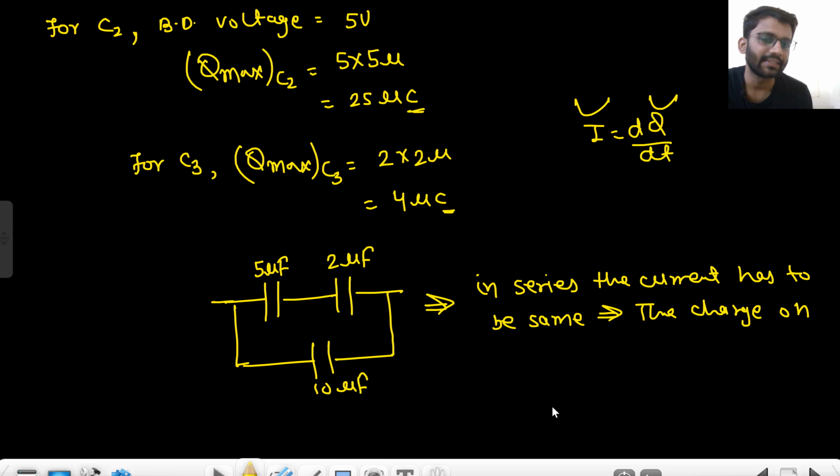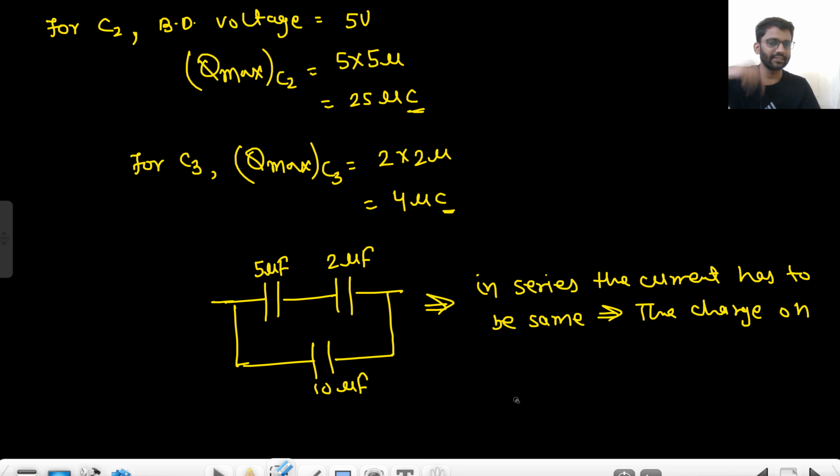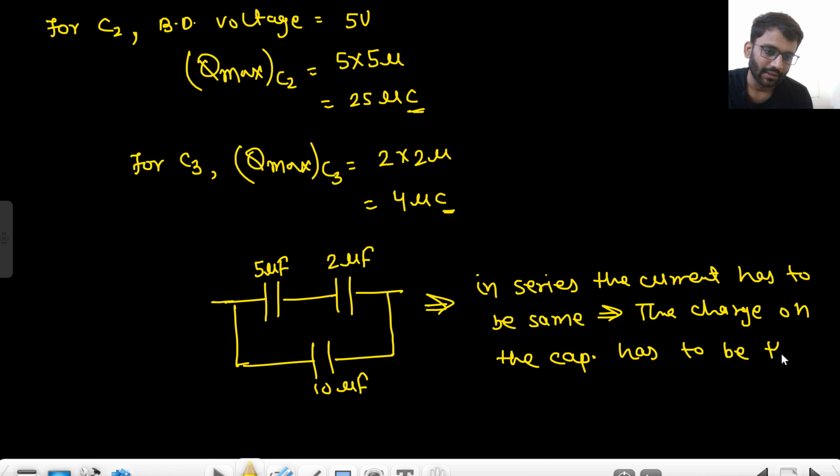If the current is the same, the change in charge has to be the same. Initially all of the capacitors have 0 coulomb charge, so the total charge finally would be the same. So the charge on the capacitors has to be the same.